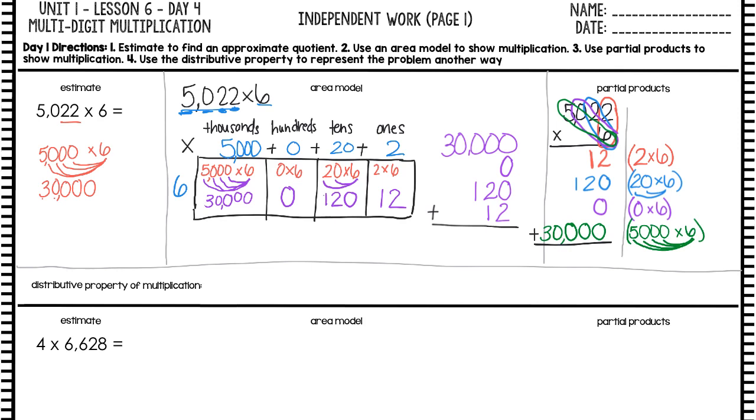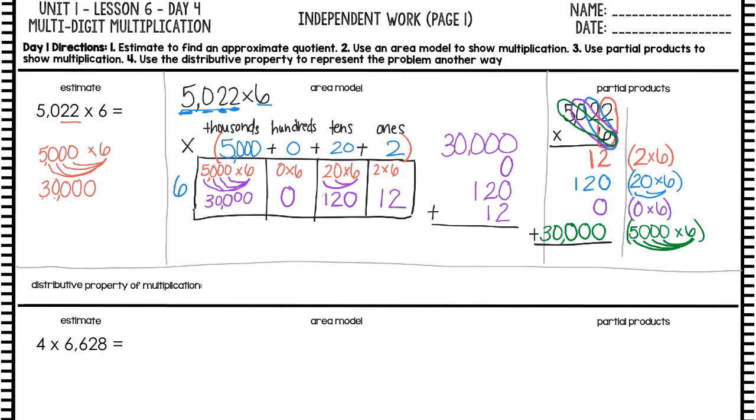So in my distributive property, I have to say, okay, when I was multiplying, I like to look at my area model to do this. I say, oh, okay, well, I took 5,000 plus 0 plus 20 plus 2, and that was all together, and I multiplied it times 6.